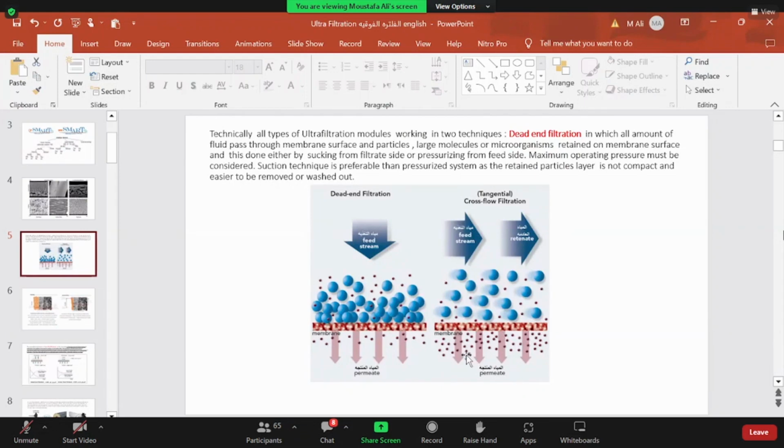We can consider this amount of permeate divided by the feed stream amount as a percentage. This gives what we call recovery percent. The recovery percent term applies only for cross-flow filtration, but in dead-end filtration, it's always 100%.